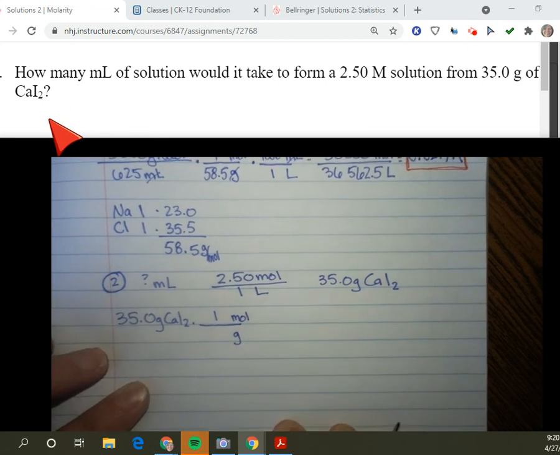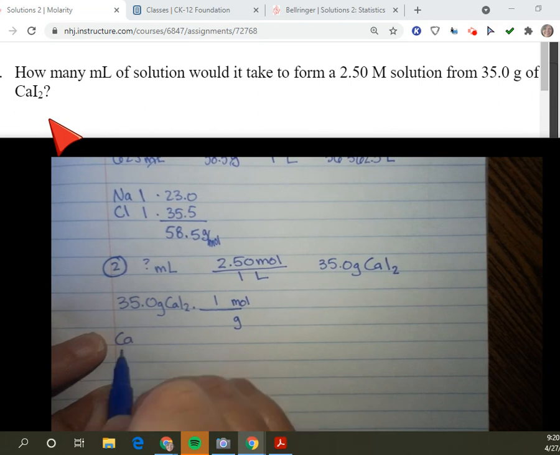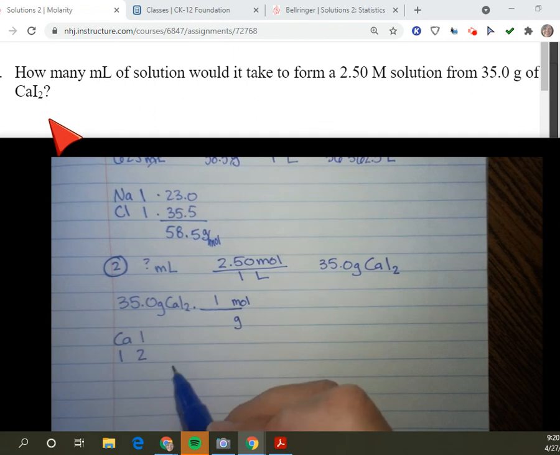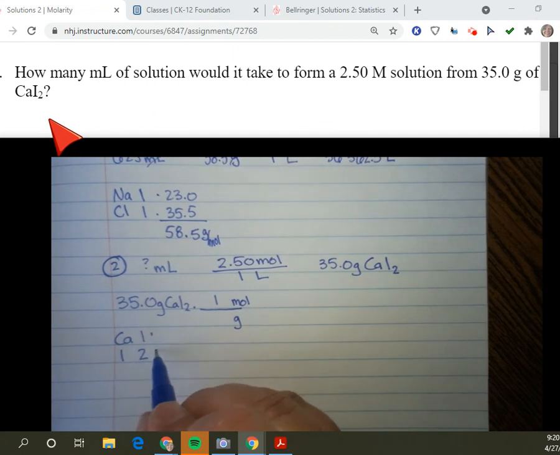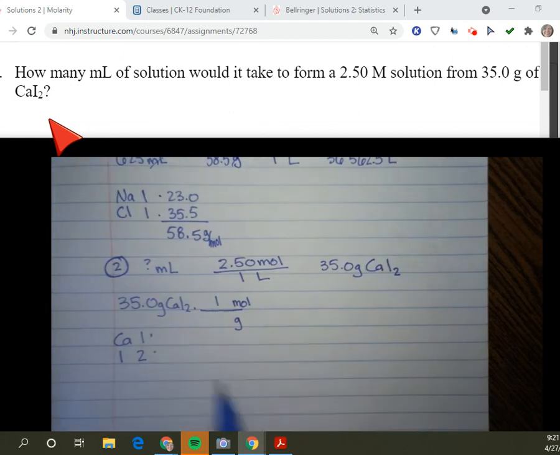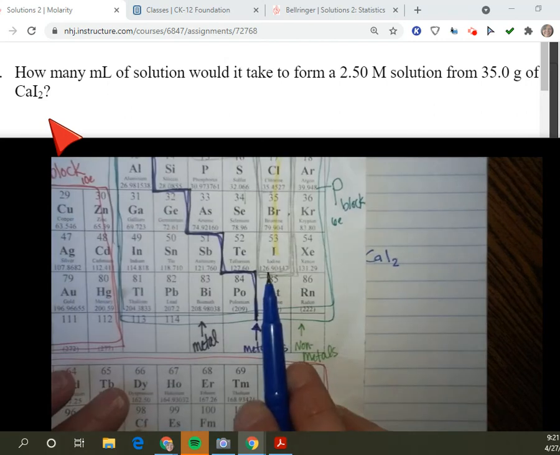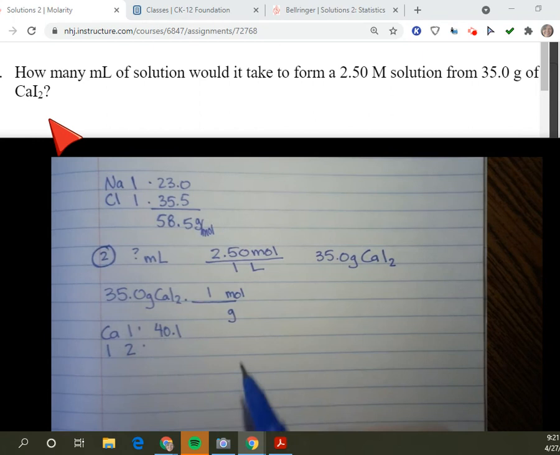Let's go ahead and calculate that like we did earlier. We have calcium, we have iodine, we have 1 calcium, we have 2 iodines. We're going to go back to our periodic table. I'm going to say calcium has a mass of 40.1. Iodine has a mass of 126.9.